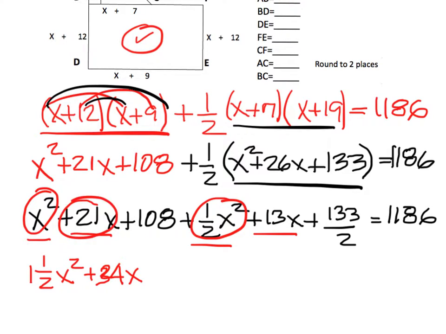That takes care of this. And then you have 108 plus 133 divided by 2. So we'll do 133 divided by 2 and get 66.5 and add to that 108. So you should have 174.5. That takes care of this and this.